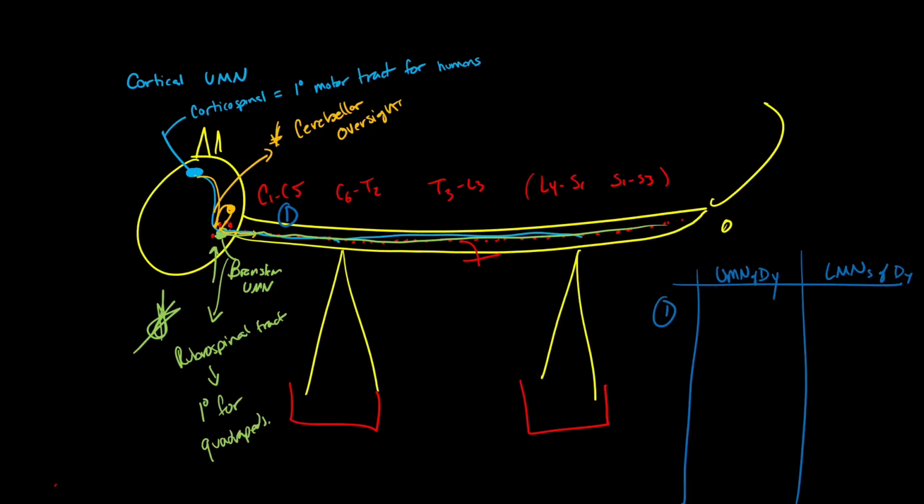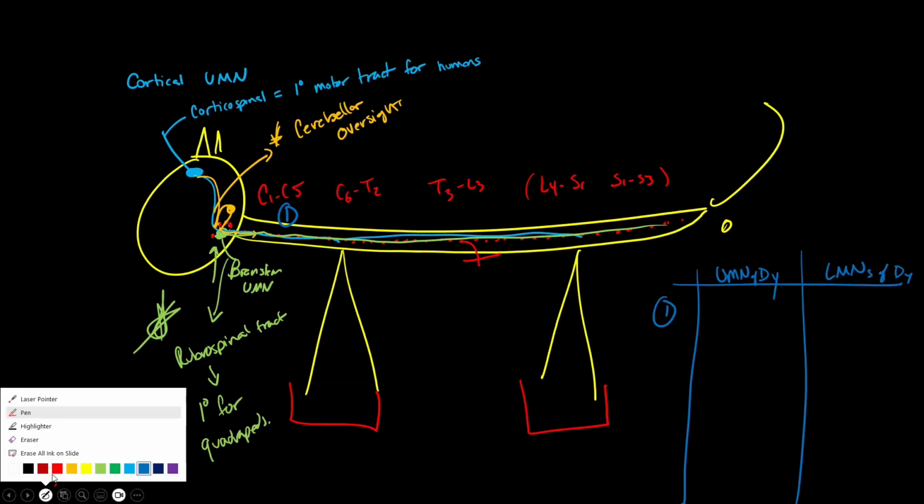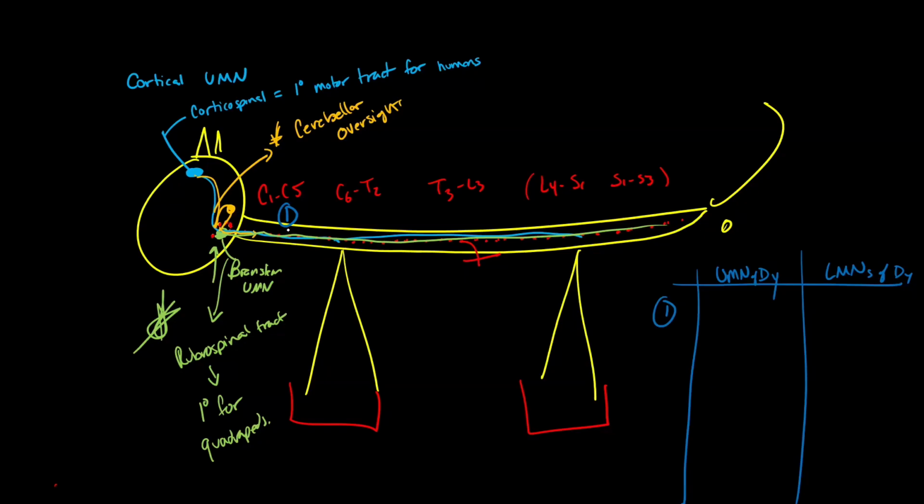If I have a lesion here at C1 to C5, what I'm damaging are those lower motor neurons of the spinal cord. However, do we care about the lower motor neurons in the neck? Nah, not really. We do at end stage, right? The phrenic nerve and all those guys, sure, it does have a place. But for most compressive lesions, we don't.